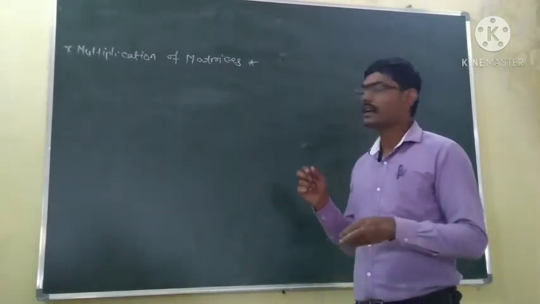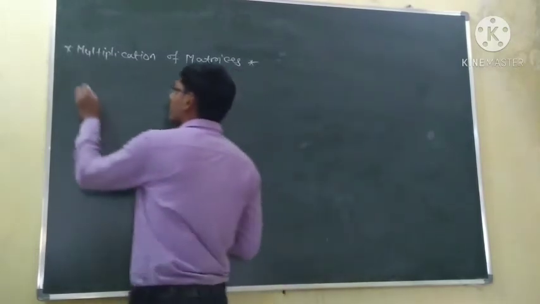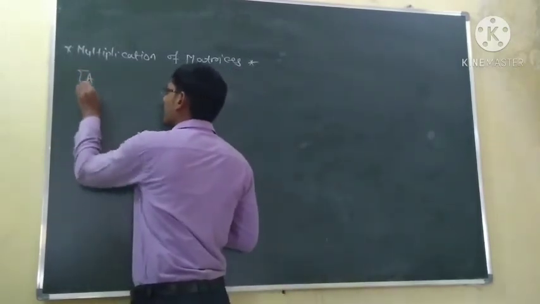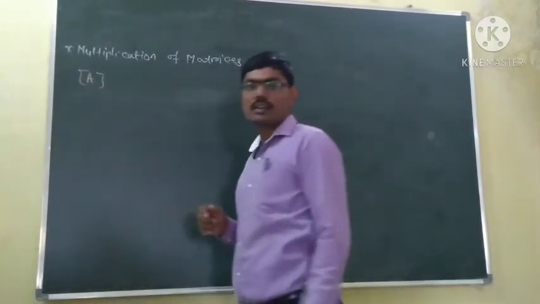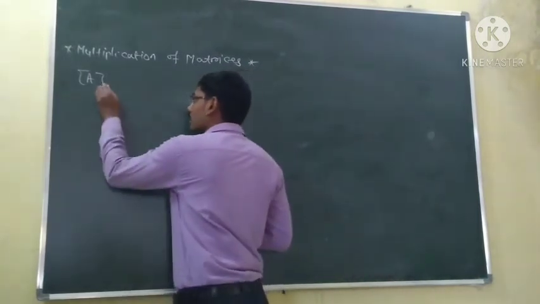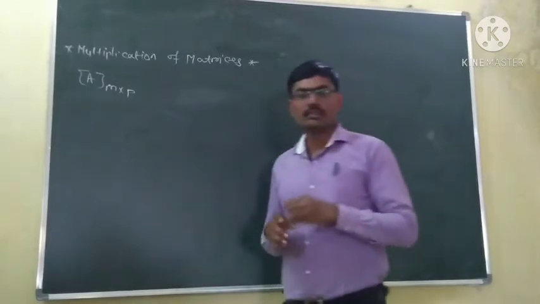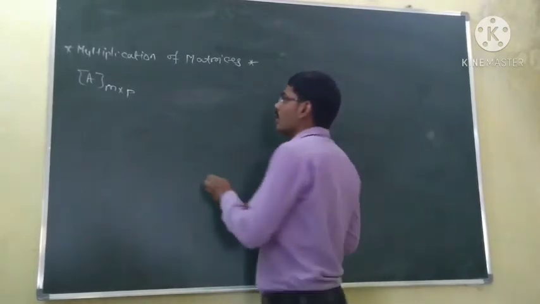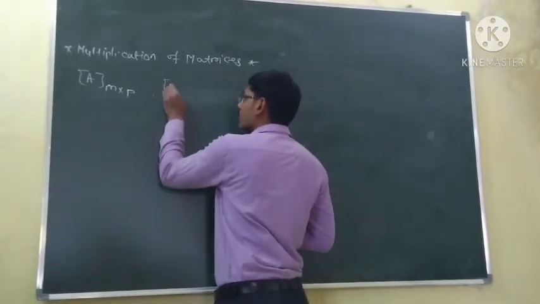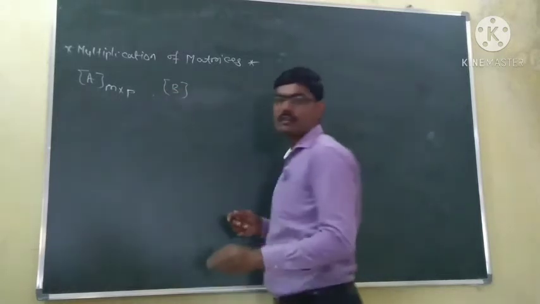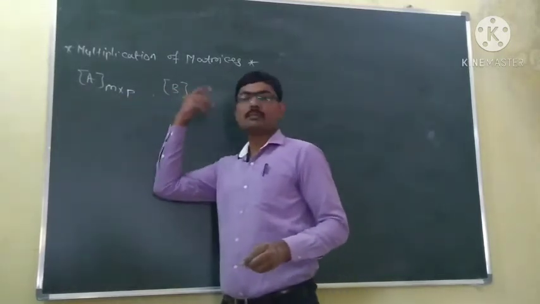That is, we can write a statement. If the matrix A is of order M by P, then for multiplication the other matrix must be of order P by something.